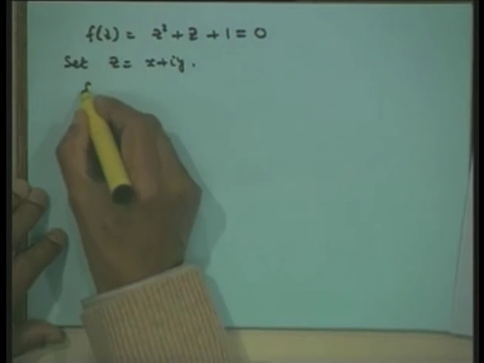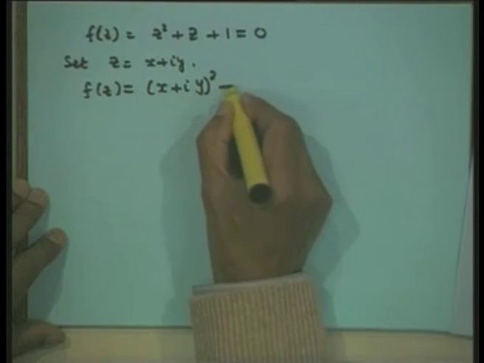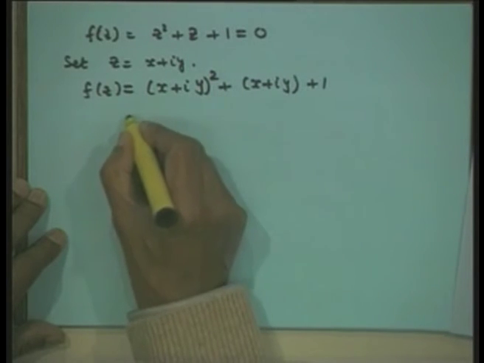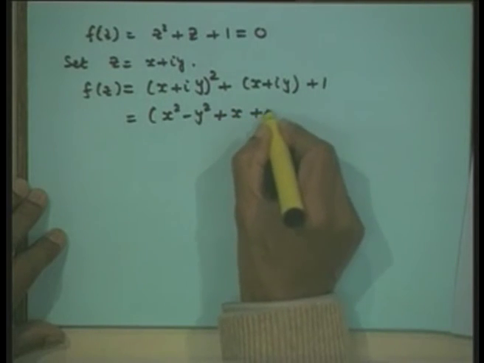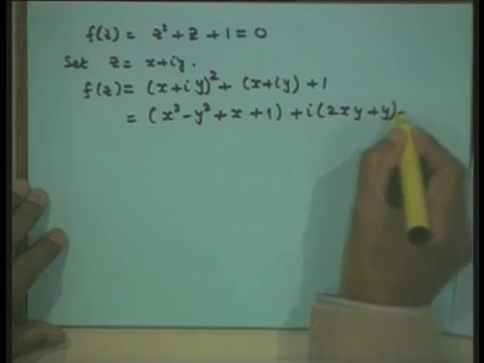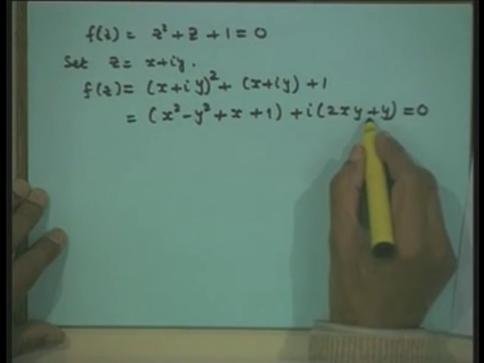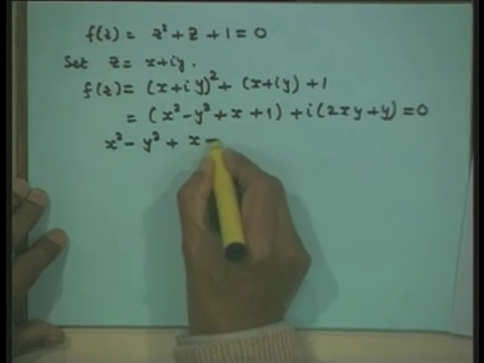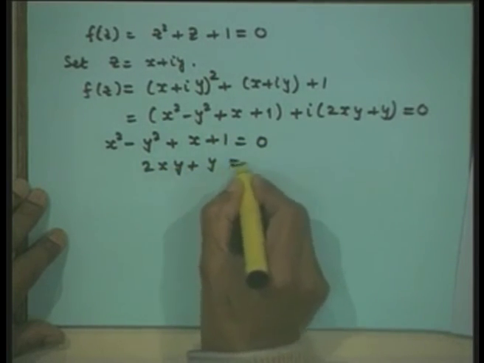Then we get f of z is equal to (x plus iy) whole squared plus (x plus iy) plus 1, which is equal to x squared minus y squared plus x plus 1 plus i into 2xy plus y, is equal to 0. Now setting the real part to 0 and the imaginary part to 0, we get the two equations x squared minus y squared plus x plus 1 is equal to 0, 2xy plus y is equal to 0.